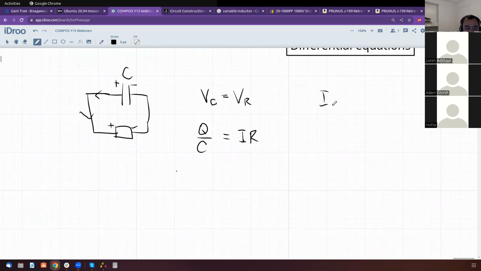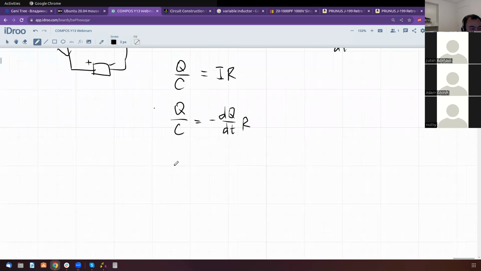Current is the rate of discharge of the capacitor, so it's minus dq over dt. So this must equal, let's put it this way, Q, the charge on the capacitor, divided by C is equal to minus dq/dt times R.